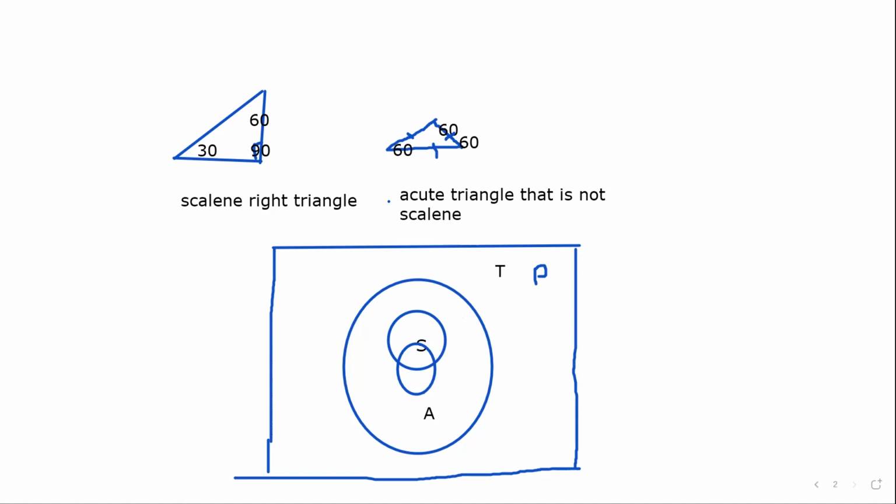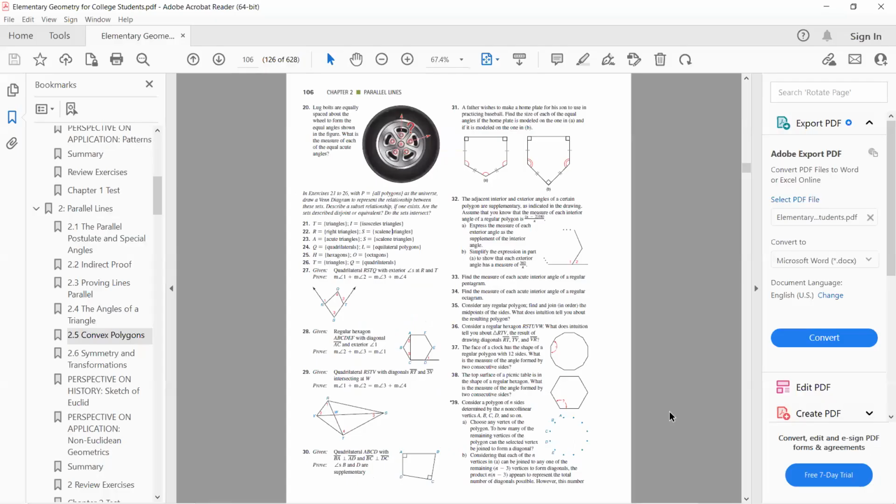Okay. So how about 25? Hexagons and octagons. That one's a little easier, actually. They're both different, so they would not even overlap, but they are both polygons.